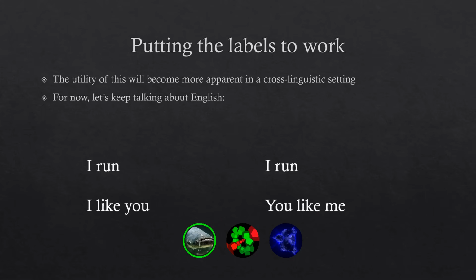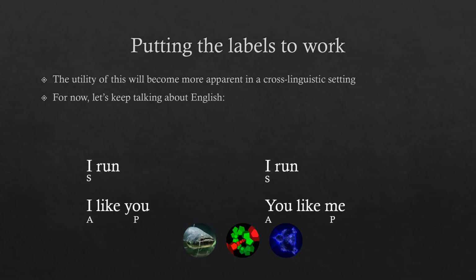The reason we have these labels as opposed to subject and object is, as I mentioned, for the cross-linguistic setting, to generalize over all languages. But for now, we're just going to talk about English to build our intuitions for the eventual cross-linguistic setting.